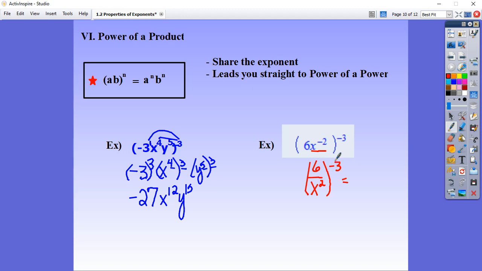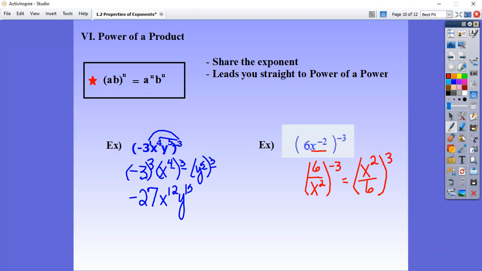There's a negative exponent, and I'm going to flip my base. So flip the fraction. That allows me to make my exponent, the -3, into +3. Now, to simplify from here is going to lead us into the next property. But I want to show you what I would do on this problem.